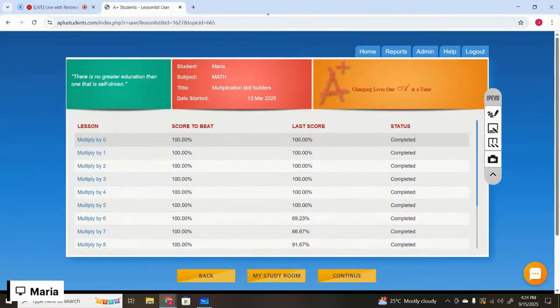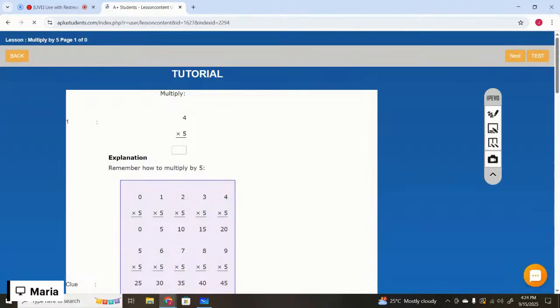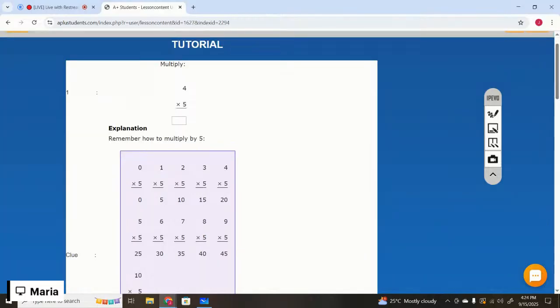Next lesson is multiply by 5. Let's just start with the lesson. Okay, so 4 times 5, and 5 times 4, they both are equal to 20.